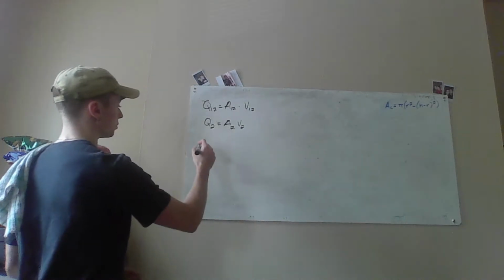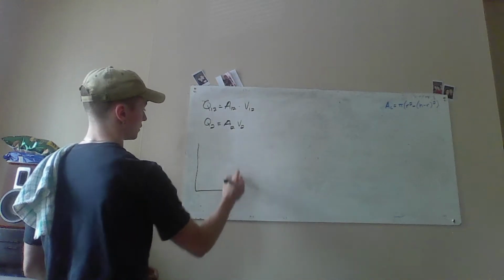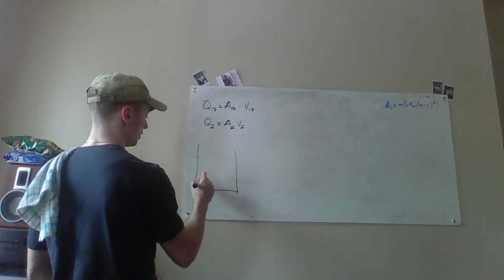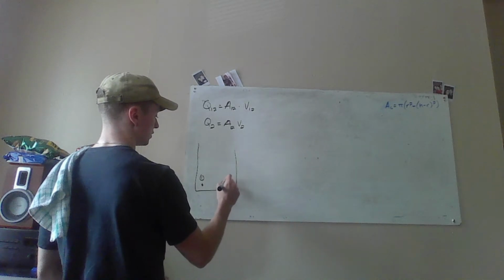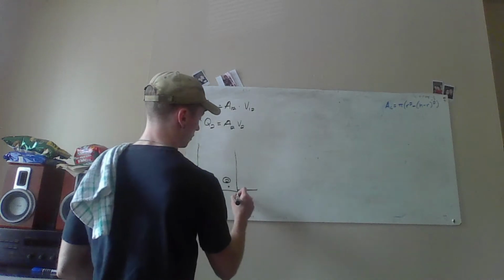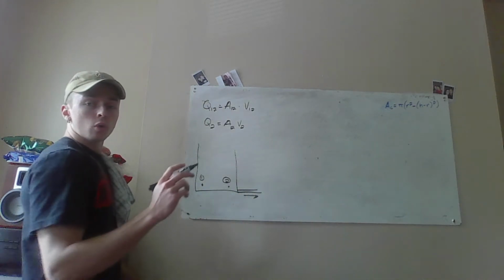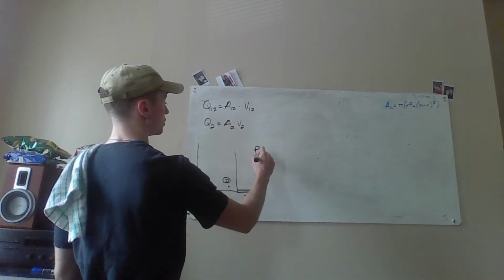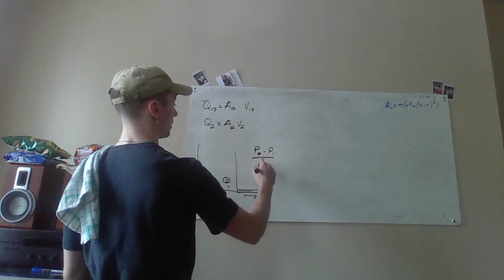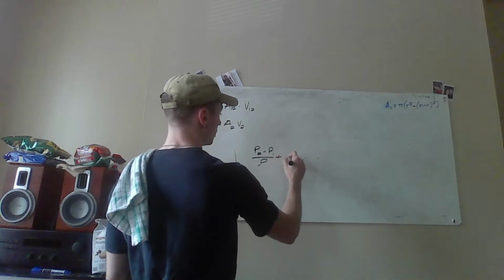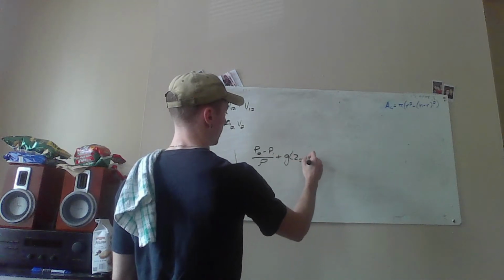And using a similar problem with just regular rectangular tanks at position 1 at a specific pressure and position 2 at a specific pressure with fluid flowing out of the tank, we can say that the pressure 2 minus pressure 1 divided by the density of the fluid in the tanks is plus gravity times position 2 minus position 1.